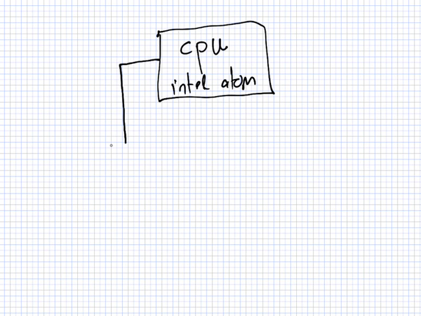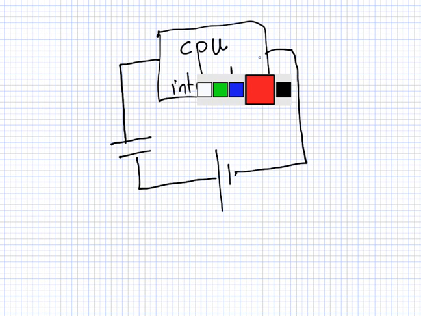What you can do sometimes is put a capacitor connected to the processor. The purpose is that if the voltage suddenly increases, the capacitor charges up quickly, so you get a lot of charge here.